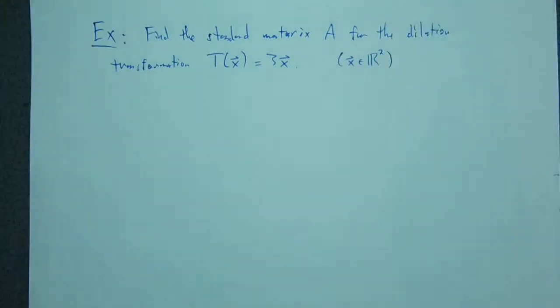Think about what this does geometrically. I've already called it the dilation transformation. It takes a vector in R2 and just triples its length.